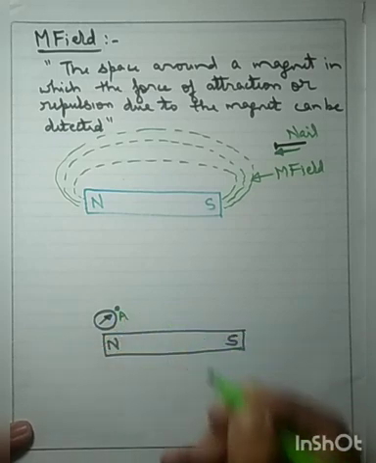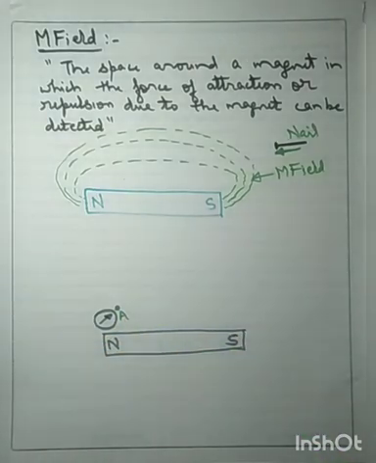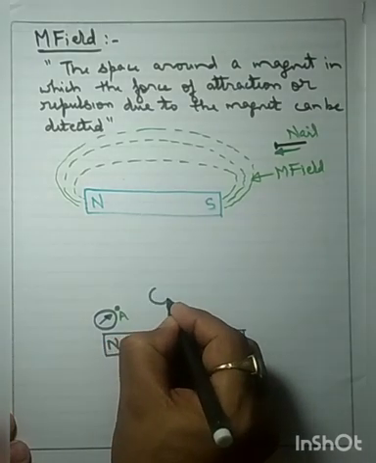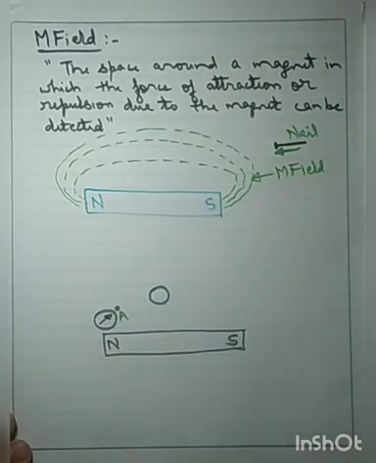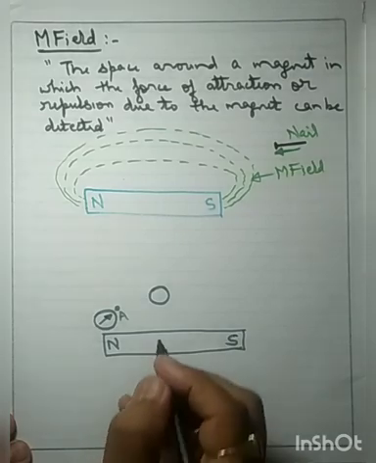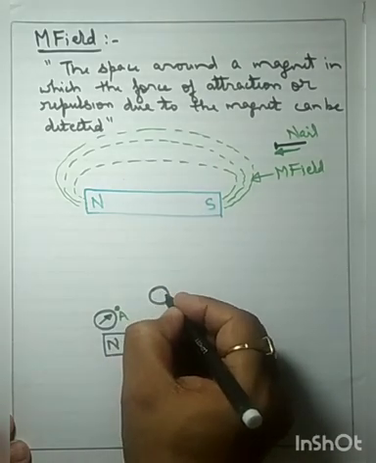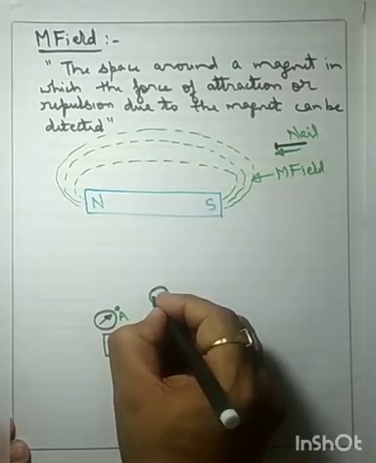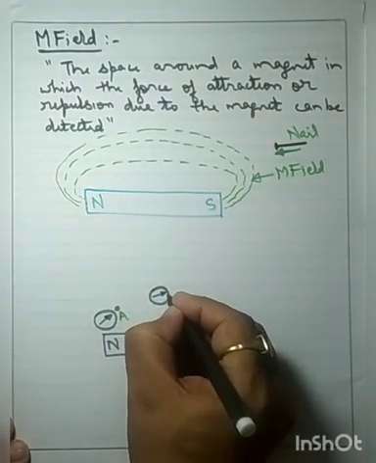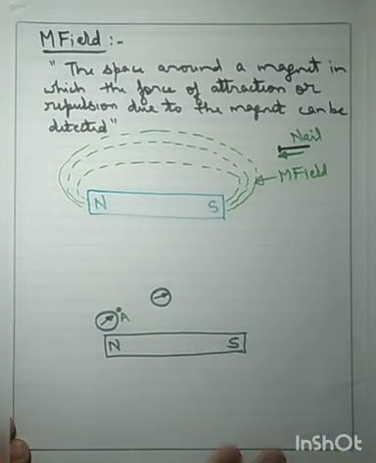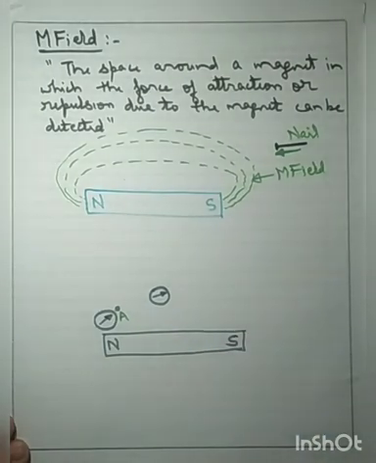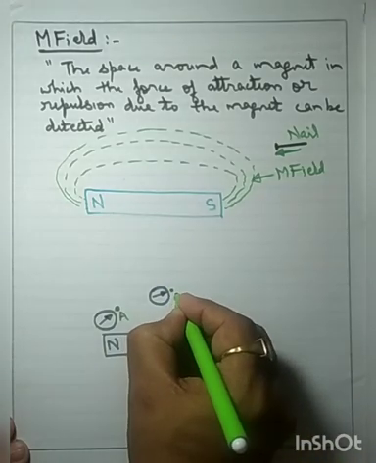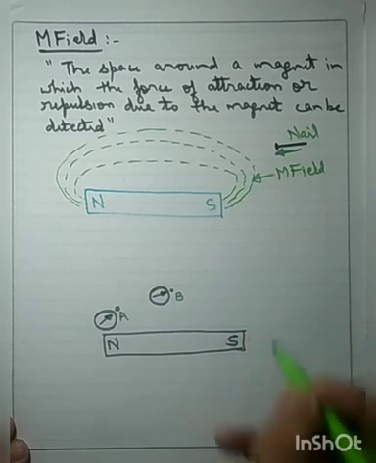Suppose this is point A. Again we will put this at another point, and we observe that the direction of the arrowhead is changed. Then we have to mark this point as B near the arrowhead.